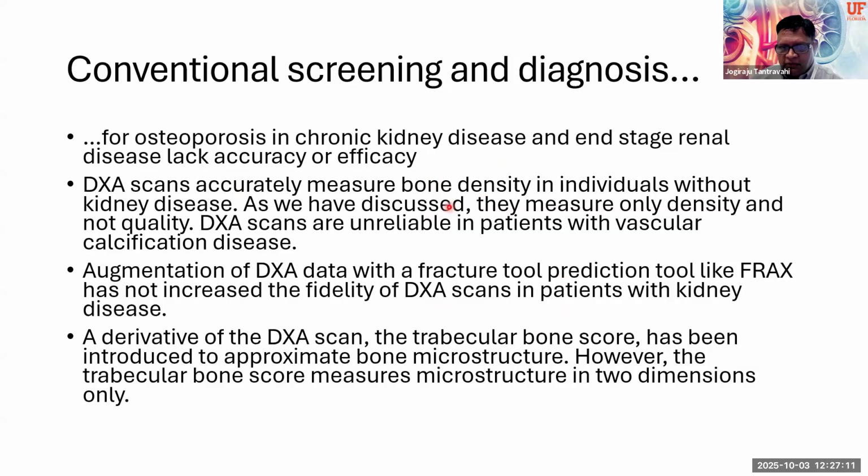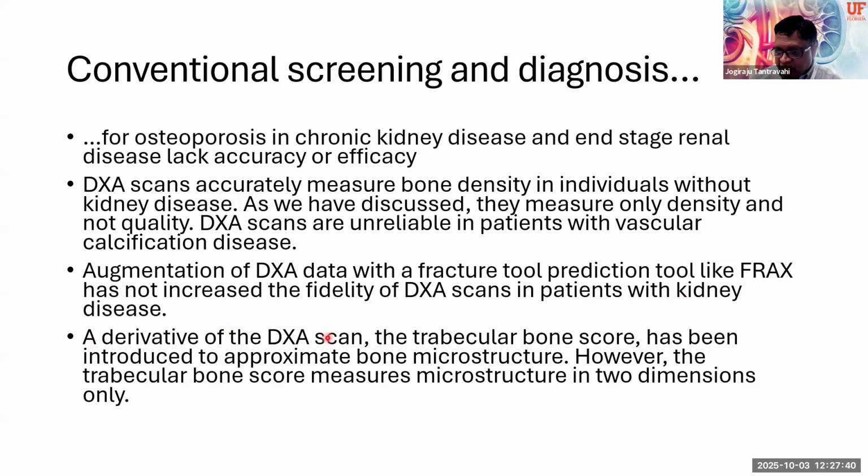So DEXA scans accurately measure bone density in individuals without kidney disease. But as we have discussed, they measure only density and not quality. And DEXA scans are unreliable in patients with vascular calcification disease, which shows up a lot in our folks. The augmentation of DEXA data with a fracture prediction tool like FRAX has not increased the fidelity of DEXA scans in patients with kidney disease.